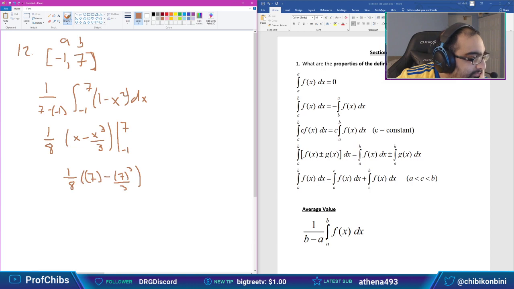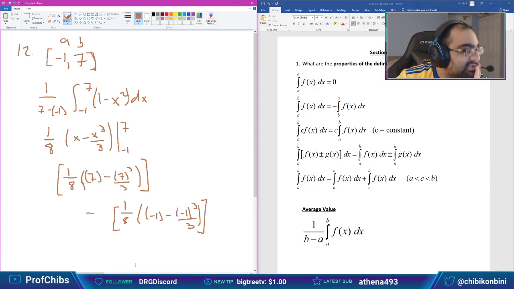It'll be this guy here first. And then minus, and then the second guy here is going to be 1/8. In parentheses here, we're going to have -1 minus -1 to the third over 3.